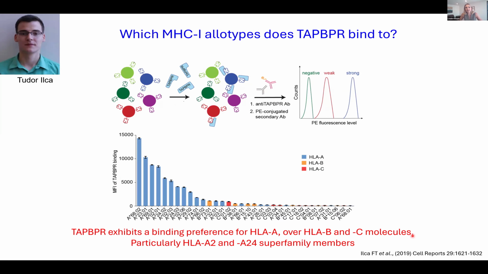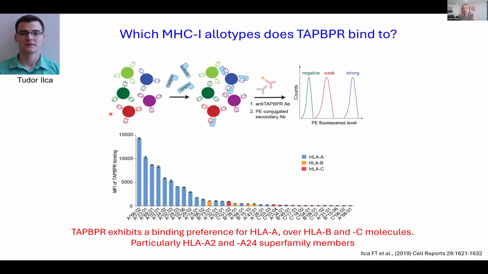So to start looking at why these MHC class 1 molecules need two peptide editors, we first asked which MHC class 1 allotypes TAPBPR binds to. To do this, we made recombinant soluble TAPBPR and tested its ability to bind to a panel of 96 different classical class 1 molecules using the single antigen bead system that's commonly used by tissue typing labs.